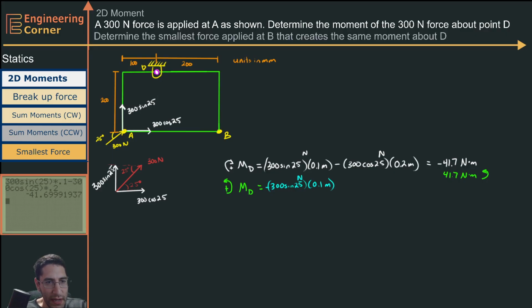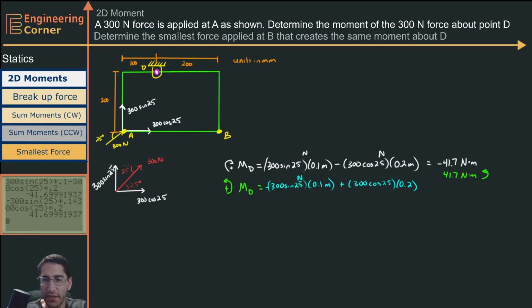And then when we spin this 300 times the cosine of 25 in this direction, it's going to spin head of the vector first. So that means we're going to add this vector. So this is plus 300 times the cosine of 25. The perpendicular distance is still 0.2. And we can do that calculation: minus this one and plus this one.